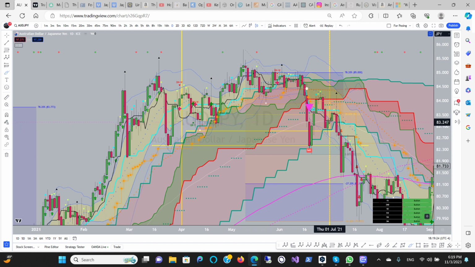And on this day here, July 1st, you see the price somehow rejected this level and started retracing up. So we can put an order at this level here, this whole zone, 618 to 38% level. It doesn't matter. We would just enter anywhere there because the cloud has resistance here.